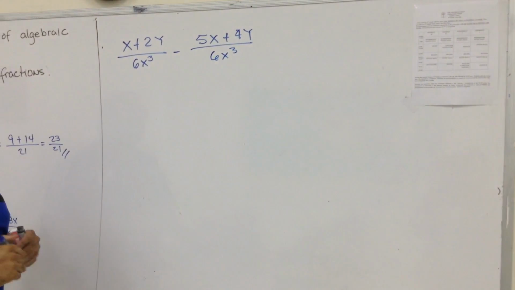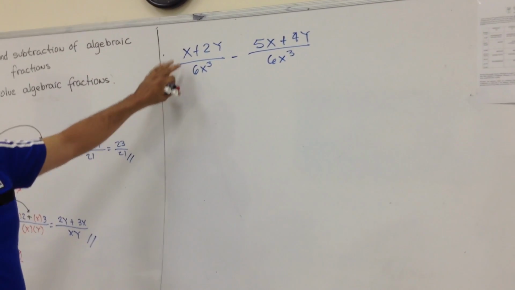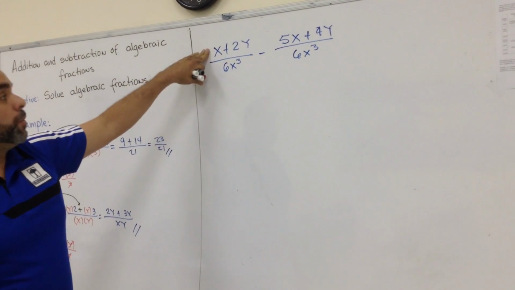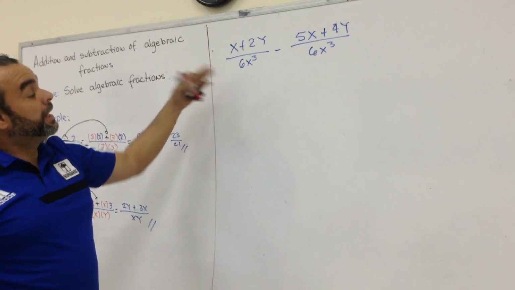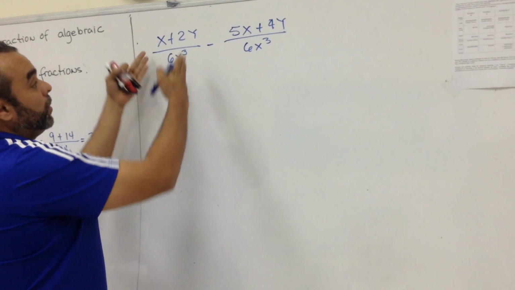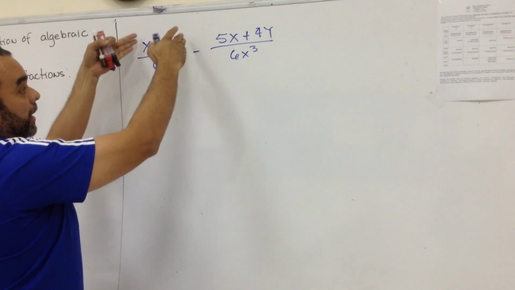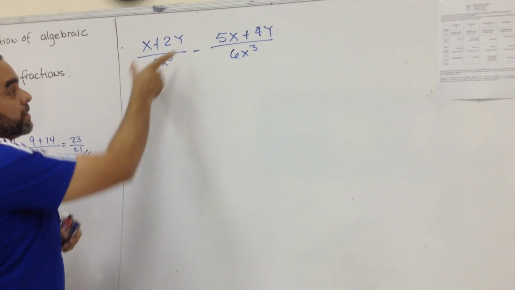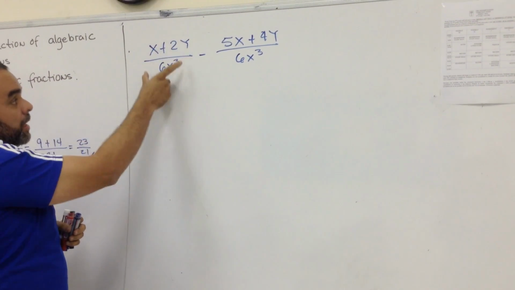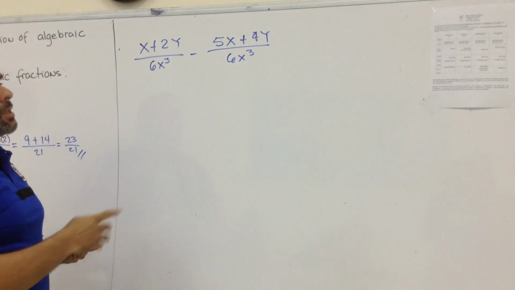If you see, in these fractions, we have variables in the numerator and in the denominator. And in my numerator, I have a binomial that in the last video we discussed that it's one number. So this is one number, and this is another number. So let's start working with this.